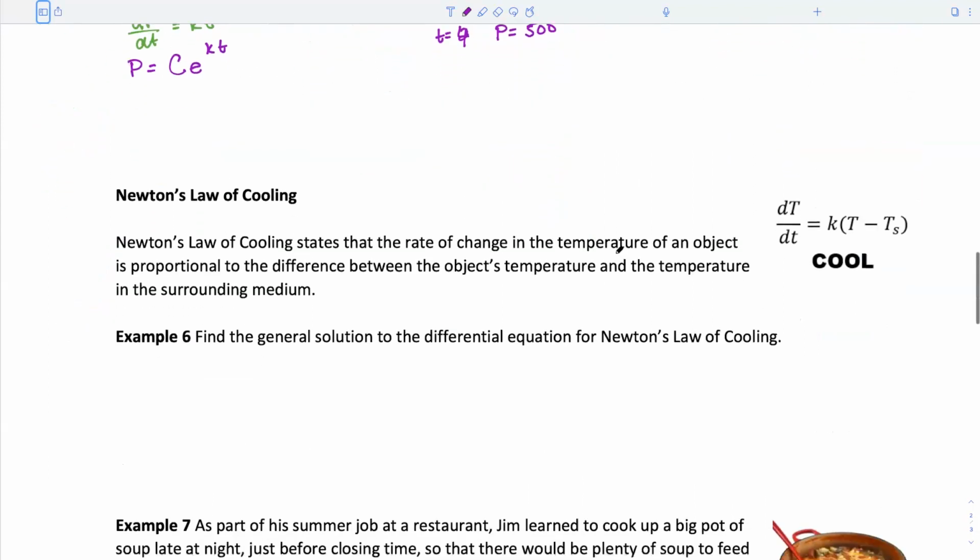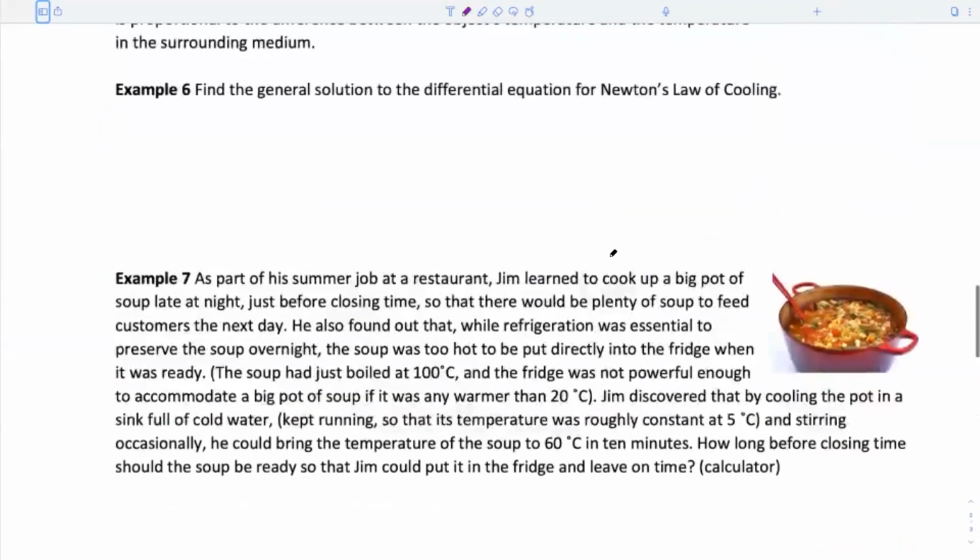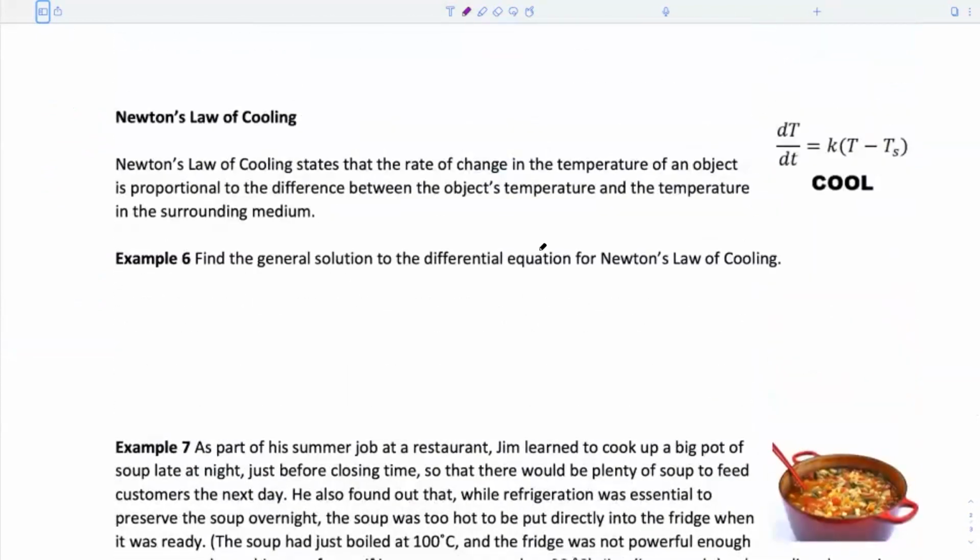All right. And then example 6 and 7 deals with Newton's law of cooling. Now, if they ever give you Newton's law of cooling on the exam, because it's not something that you have to memorize anymore, this will always be given. So the formula for the differential equation will be given.